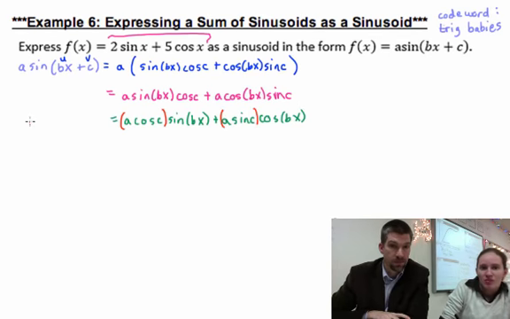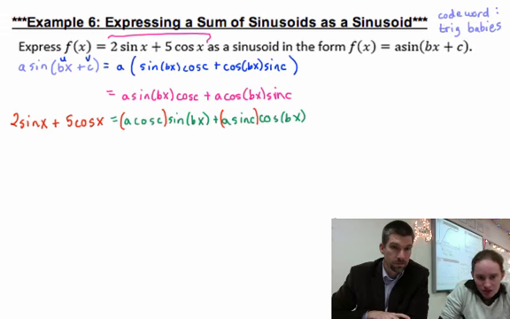Because we're trying to write 2 sine x plus 5 cosine x as this, we're going to set these equal and look at what things we may be able to match up. In front of our sine x, we have A cosine C, and we have 2, which means that 2 equals A cosine C. We're taking what's in front of sine x and what's in front of sine bx, and saying those are the same.